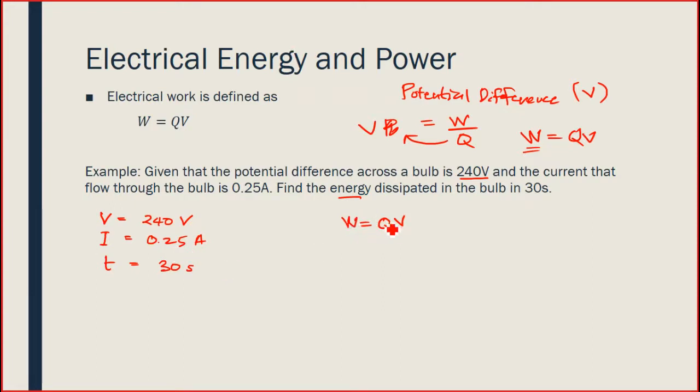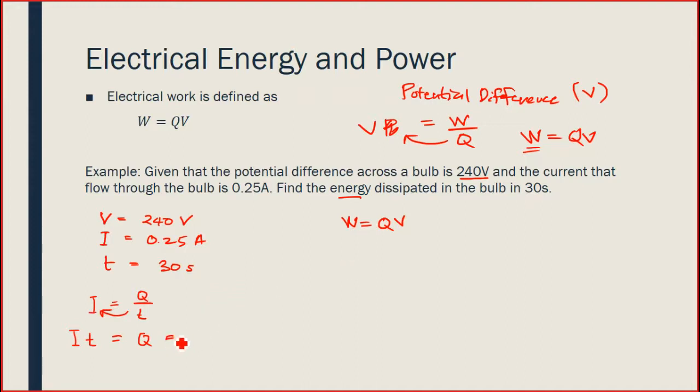This thing you need to actually remember, that we defined current just now as Q over time. Current is defined as charge over time. So given this current and also time, you can actually find the charge. Just bring this over here. This is just a mathematical trick.